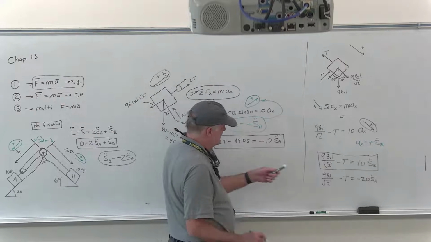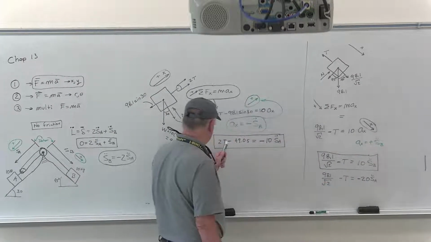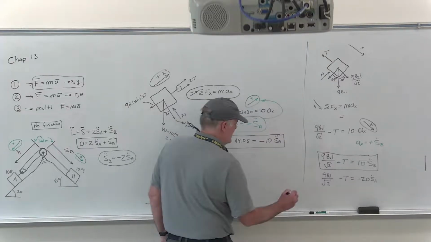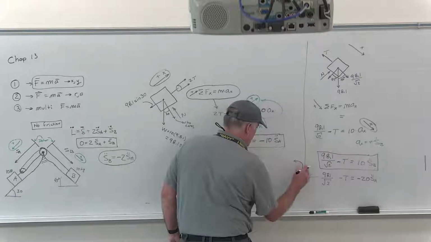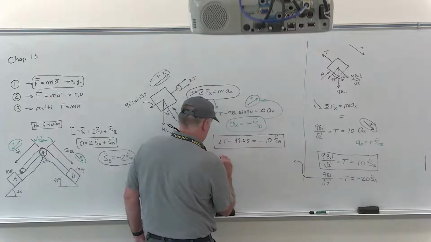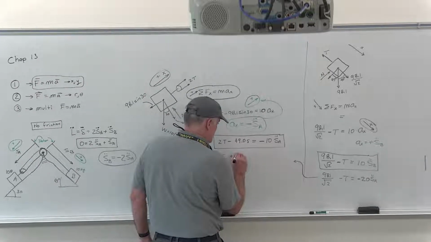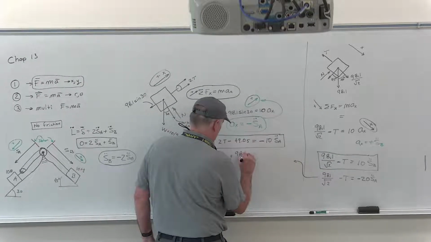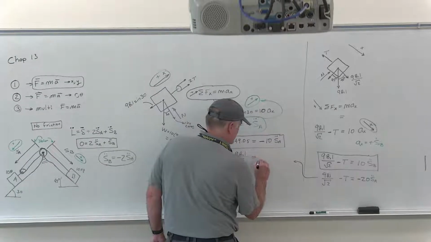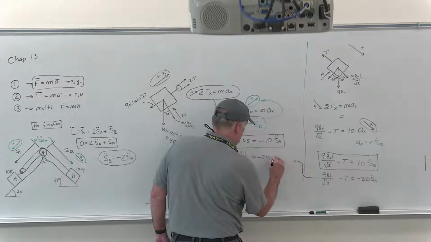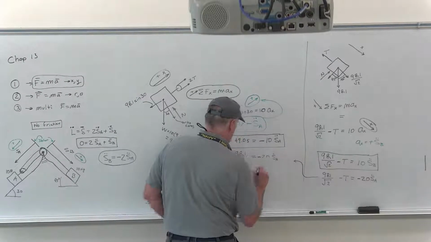Suddenly, I realize I got an equation here with a T and an SA, and I got an equation here with a T and an SA. So a lot of times you'll see them in the book or in the problems, they'll put them under each other. Minus T plus 98.1 over square root of 2 equals minus 20 SA double dot.